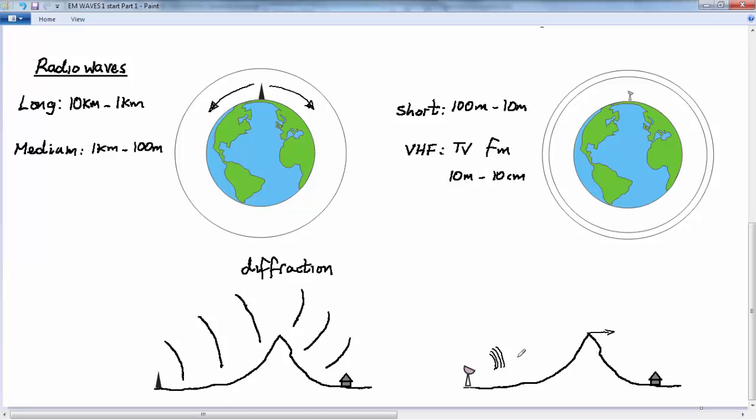In order to overcome this, we're going to send the radio waves up into the upper atmosphere, where they will be bounced off a layer called the ionosphere. The ionosphere is a layer of charged particles which reflects radio waves. So we send the signal up to this layer and it's bounced off again, and so forth. So the signal is transmitted in this way.